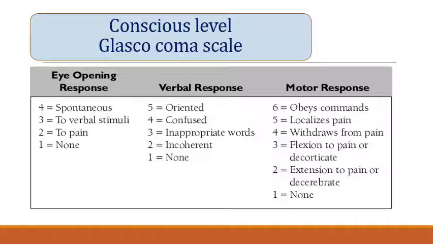But if he just opens his eyes secondary to verbal stimuli, he will get 3. If the patient opens his eyes only secondary to painful stimuli, he will get 2. If there is no response to painful stimuli, we will score 1.